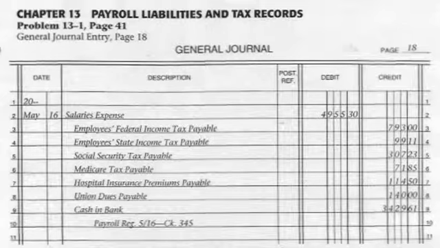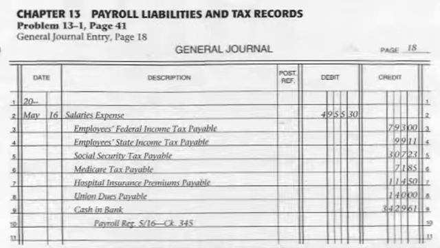The withheld items, so the federal income tax withheld, state income tax withheld, and so forth, those are considered payables because the employer withheld them from the employee's paycheck, so the employee did not get that money, and the employer has to turn around and make sure that he sends the federal income tax that he withheld from their paycheck to the federal government, make sure that he sends the state income tax withheld from his employee's paycheck to the state government, and so forth.